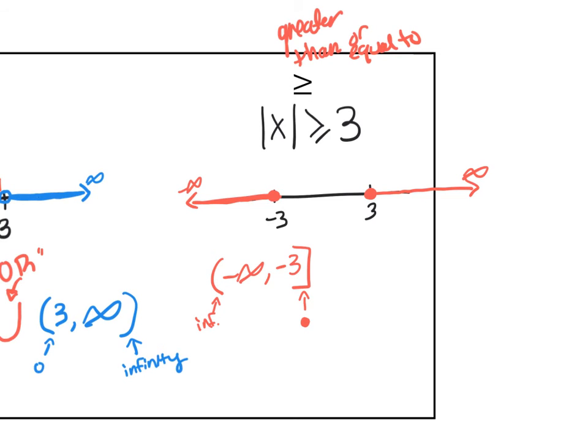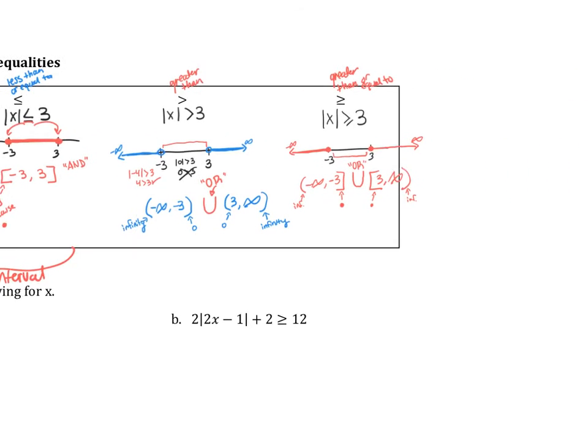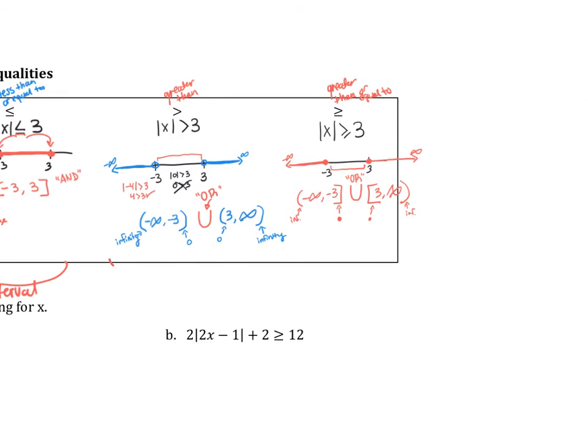And then again we have this gap here, which means it's or. That's that U. And then a closed dot, so a bracket from 3 to positive infinity with a parenthesis. Okay, so less than or equal to has only one interval. Greater than or equal to has 2 intervals, which means we have to have that or symbol, that U.